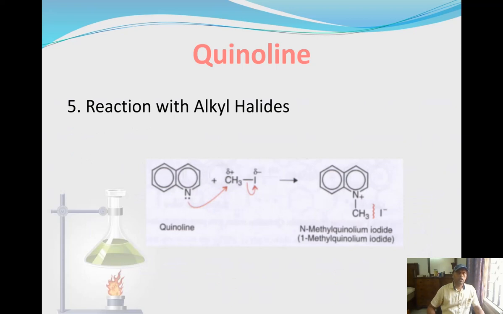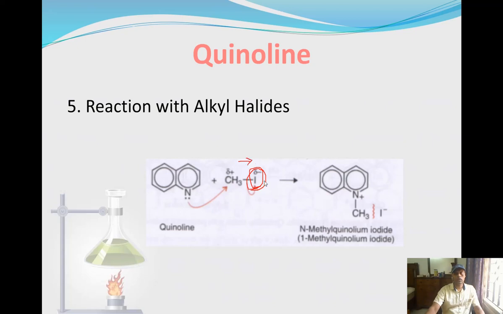Alright, next is the reaction with alkyl halide. So an N-alkylation reaction is going to take place. This is your methyl iodide. The methyl group is partially positively charged, and iodine is partially negatively charged because it is an electronegative atom. It is going to attract electrons towards it.